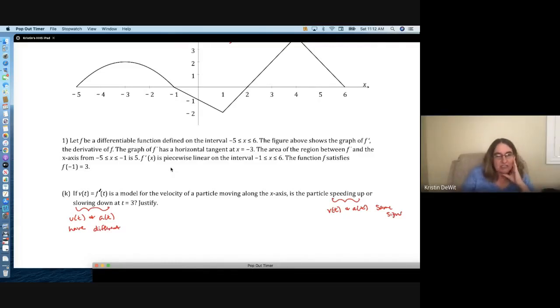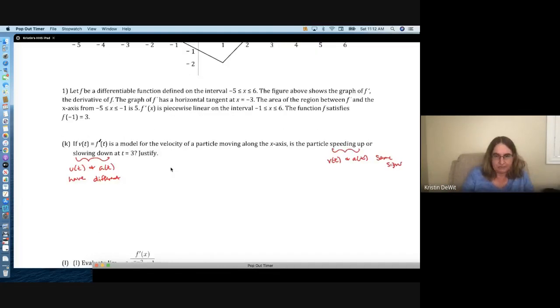Okay. All right. So let's go ahead and find out what the velocity and acceleration are at time 3. So we need to figure out what v of 3 is and what a of 3 is.